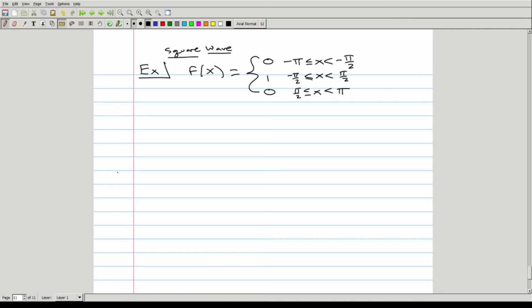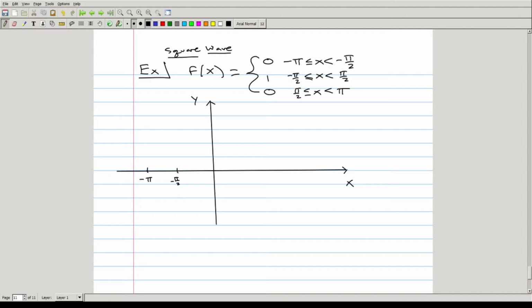The example can be done using a general L if you want to, or I'm just going to use pi because it simplifies a decent amount when you go through and do the Fourier series coefficient calculations. This is from negative pi to negative pi over 2.